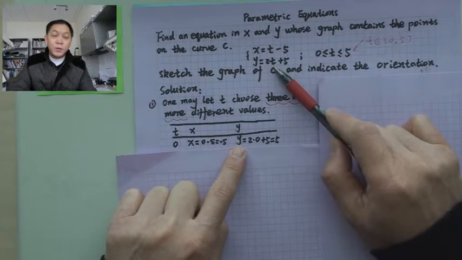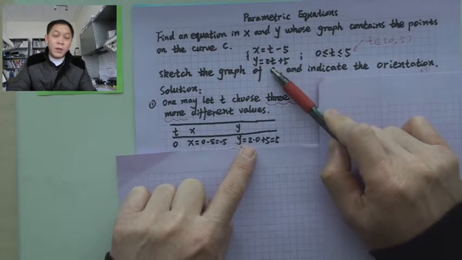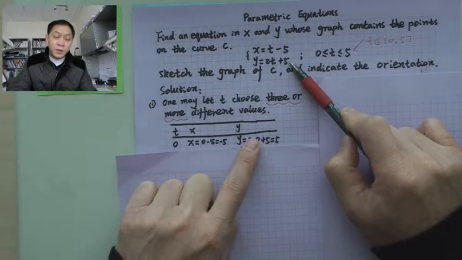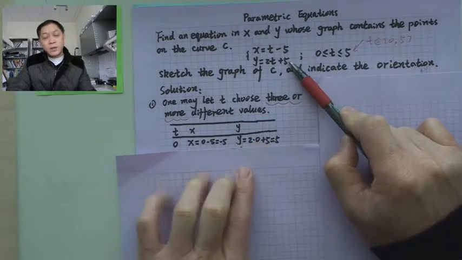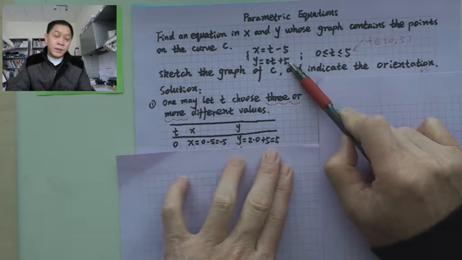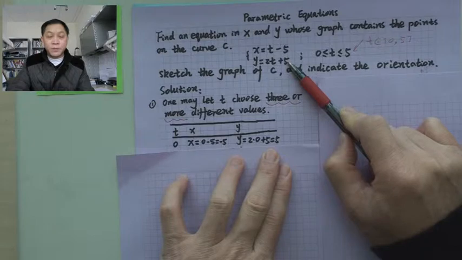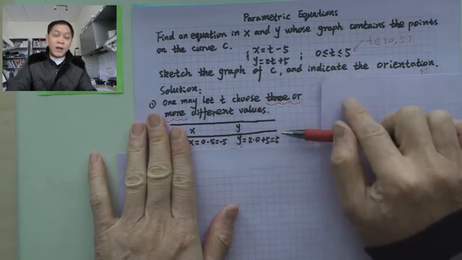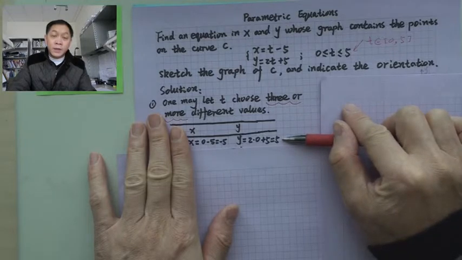Since y equals 2t plus 5, 2 times 0 is 0, plus 5 is 5. So when x is negative 5, y is positive 5. So the pair (negative 5, 5) is on the curve.